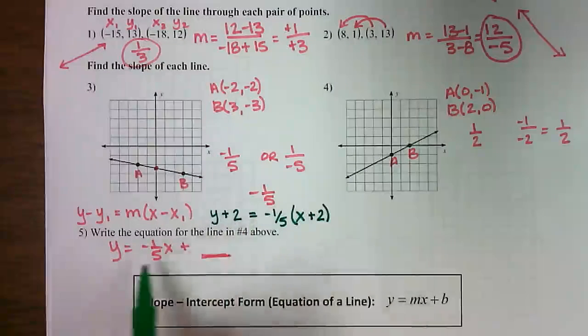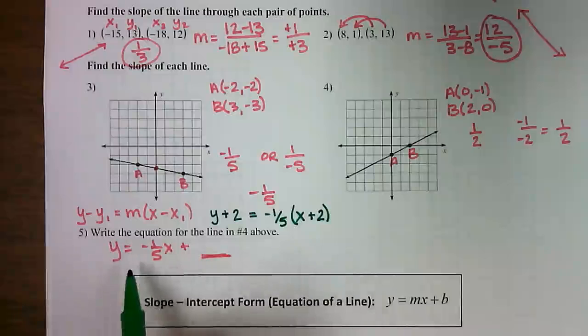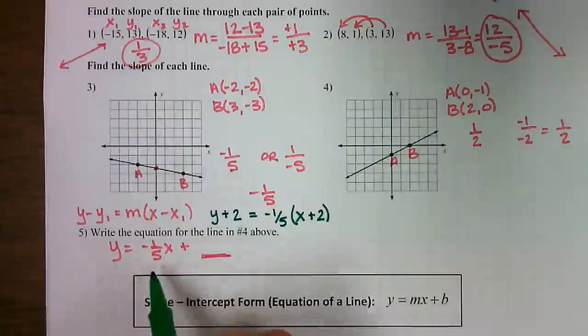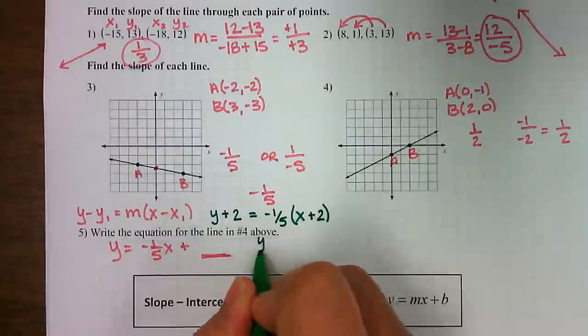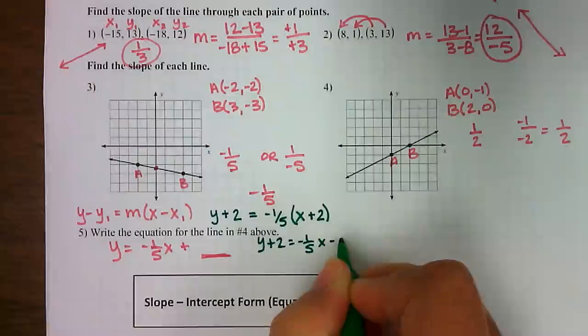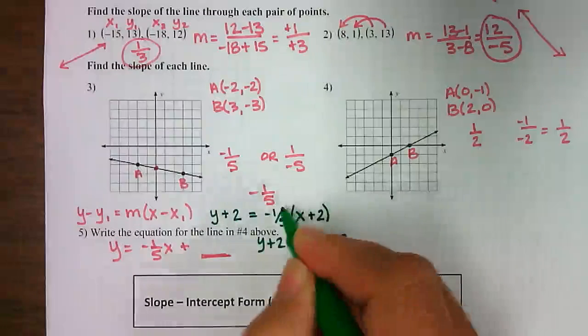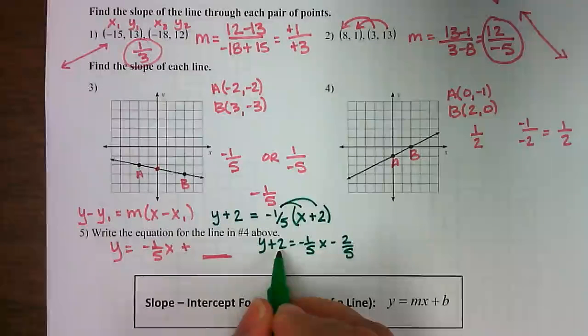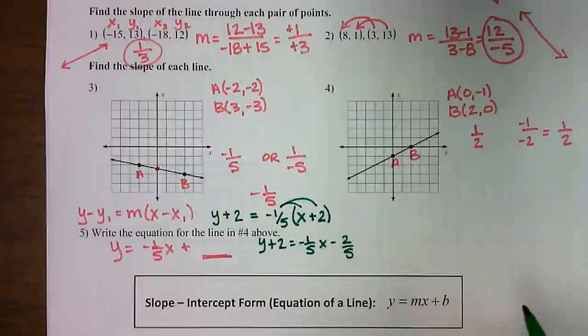Now, this doesn't look like this. This one has y all by itself. So I need to go ahead and rearrange this to get it in terms of y. So I'm going to do that. So y plus 2 equals -1/5 x minus 2/5. I just distributed that to both terms, okay? And then I'm going to have to subtract this 2 to the other side.